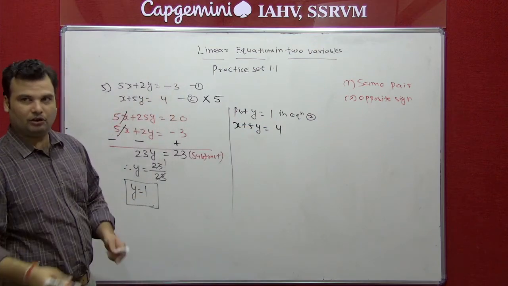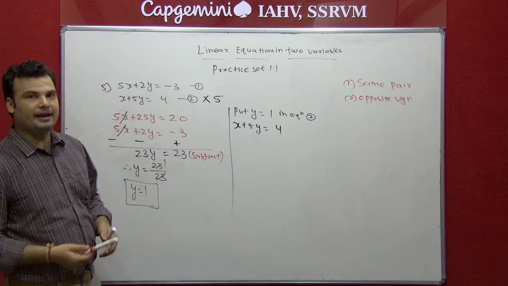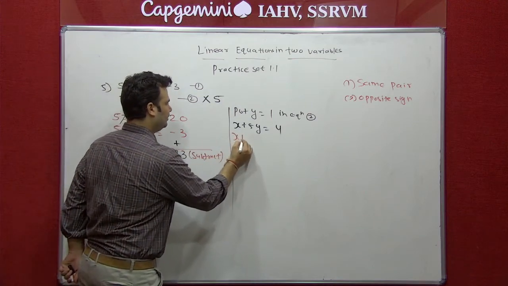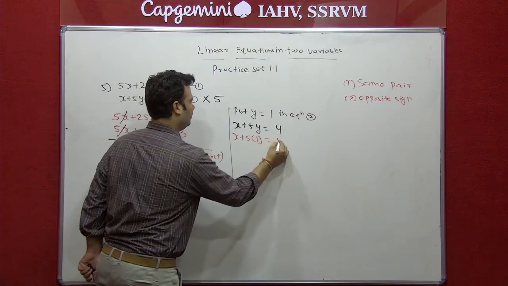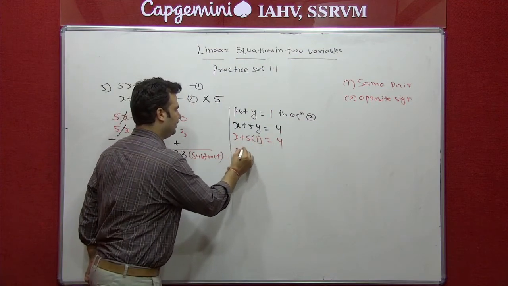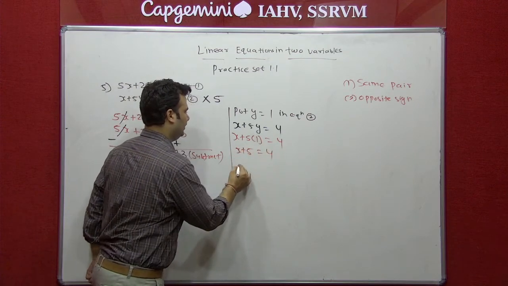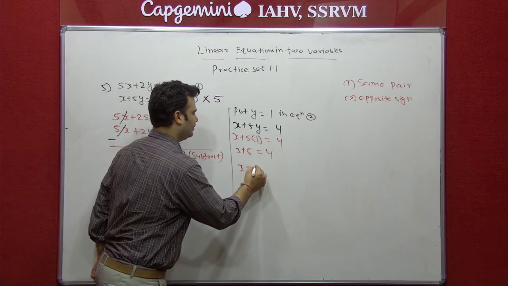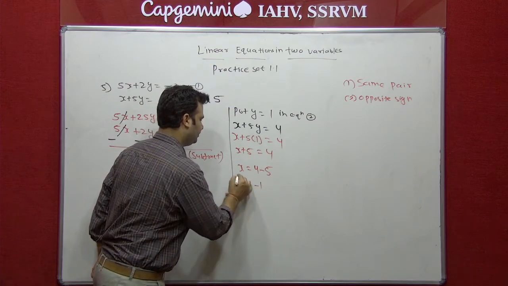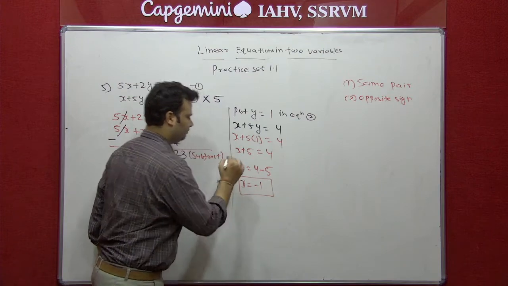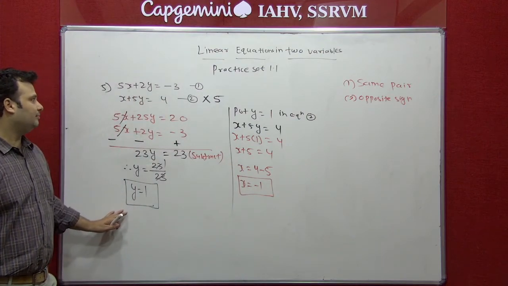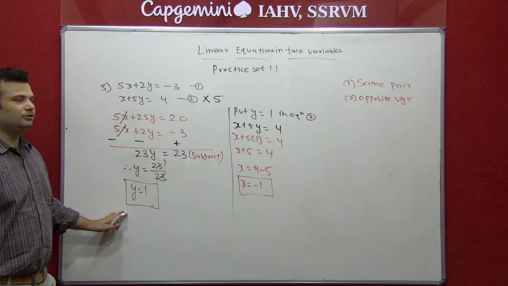Now in place of y we can put 1. So x plus 5 into 1 equal to 4. 5 ones are 5. So x plus 5 equal to 4. This side plus, opposite side becomes minus. So 4 minus 5, answer is minus 1. So we have the value of x as well as y. x is minus 1 and y is 1.